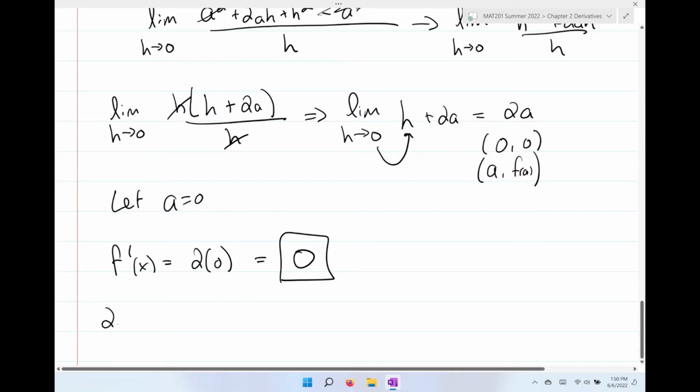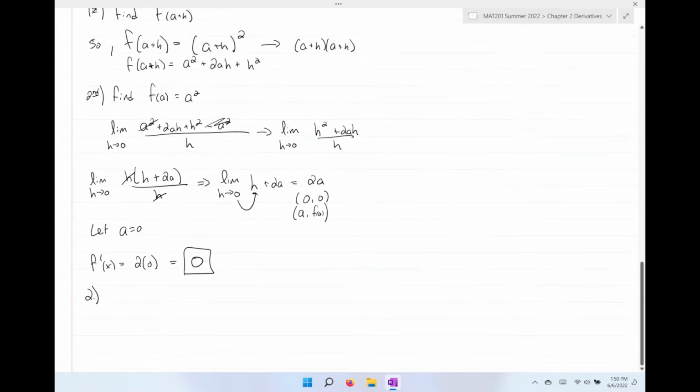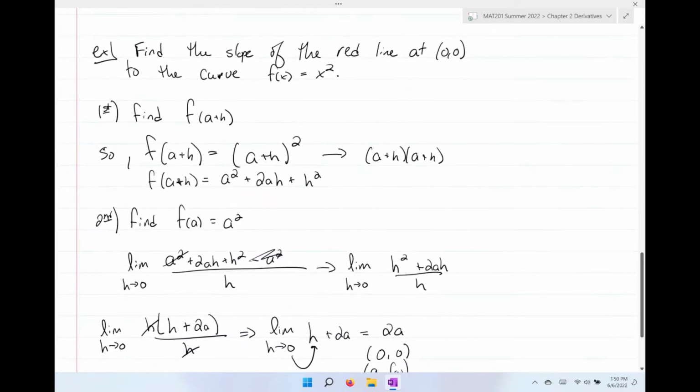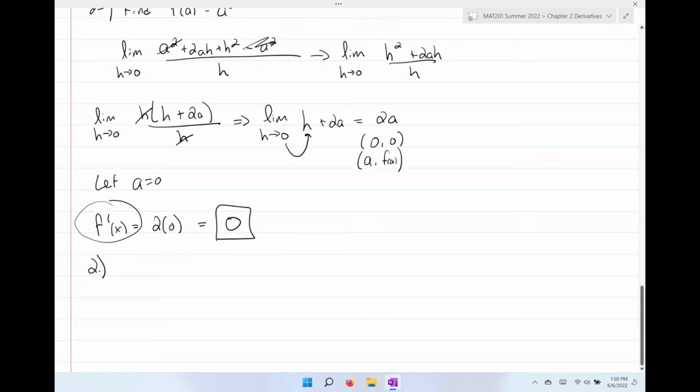The second thing that you're going to want to do, and like I said, I'm just throwing this at you. I'm going to give you a much more formalized way of doing this. I'm just zooming up real quick because they wanted us to find the slope of the red line at 0, 0. Notice our derivative, which is our slope, is 0.